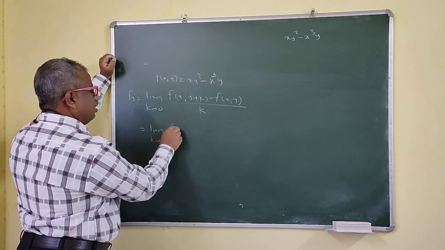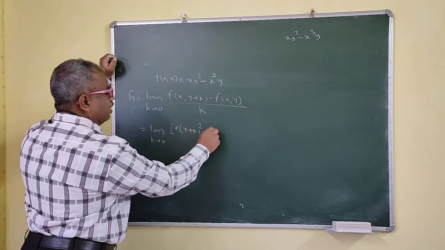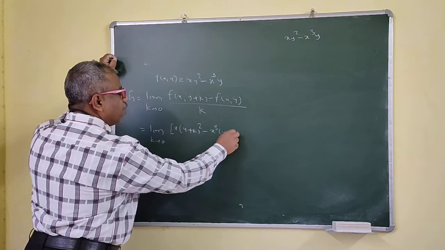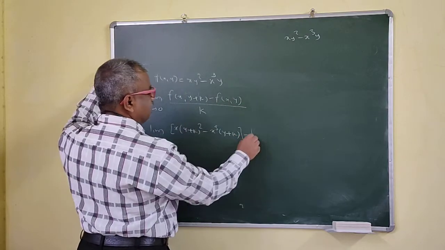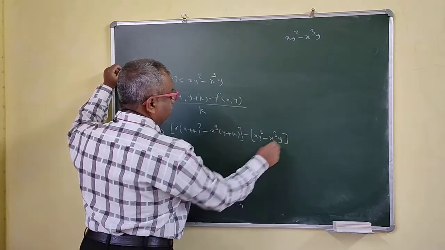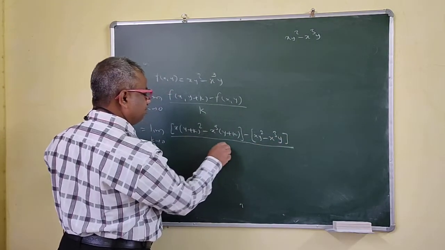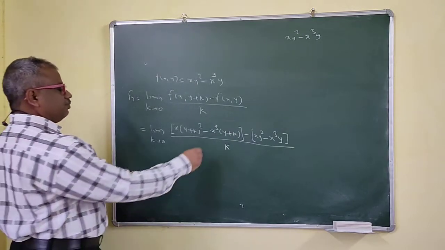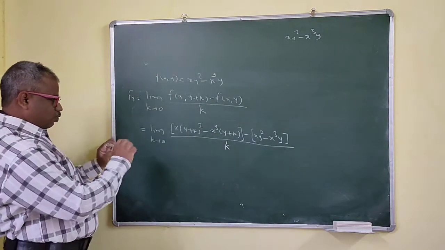We write in brackets x(y plus k) square minus x cube (y plus k), minus your original function as it is, xy square minus x cube y, upon k. Right? Now we'll expand.